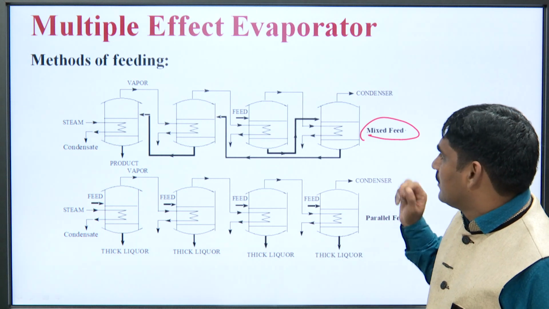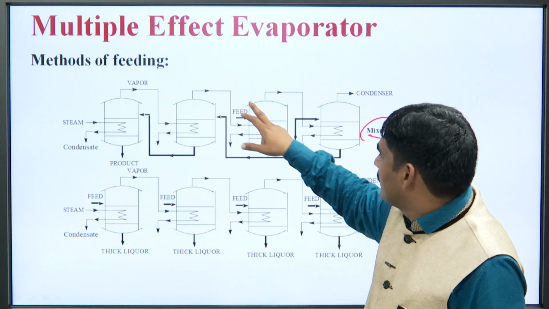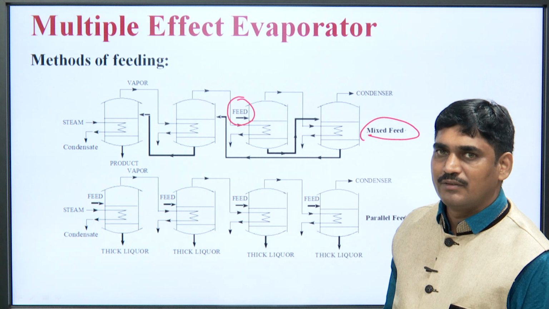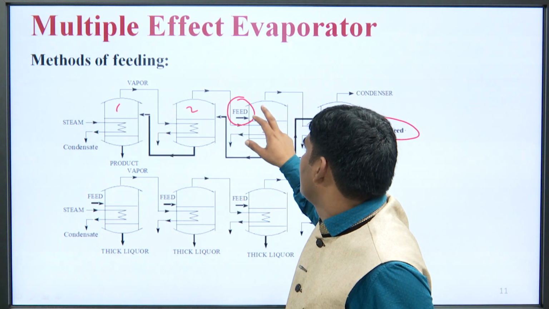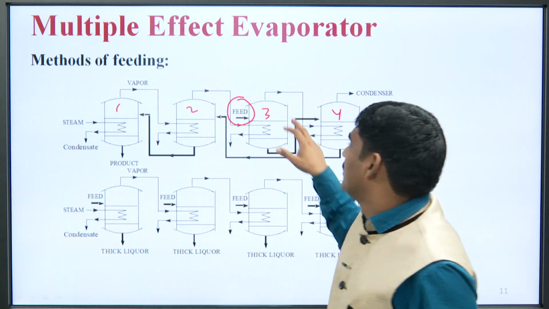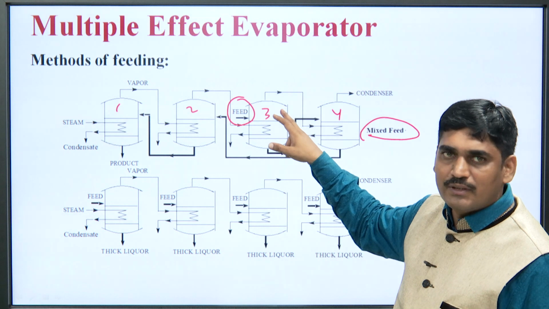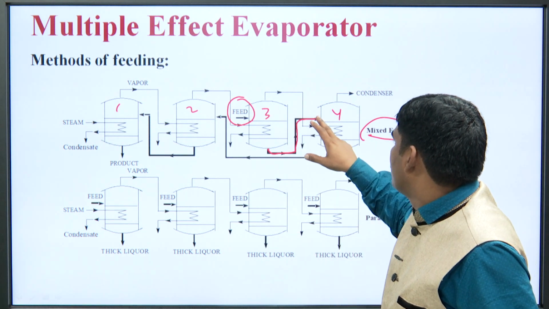In this case the feed liquid is introduced in the middle evaporator, or in the center. So, first, second, third, fourth: there are 4 evaporators. Feed is introduced into the third effect evaporator, then it is transferred to the fourth effect.